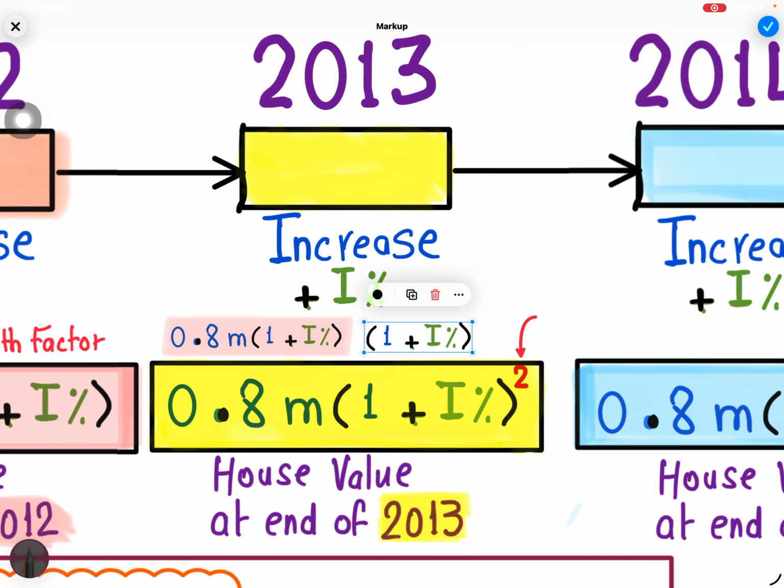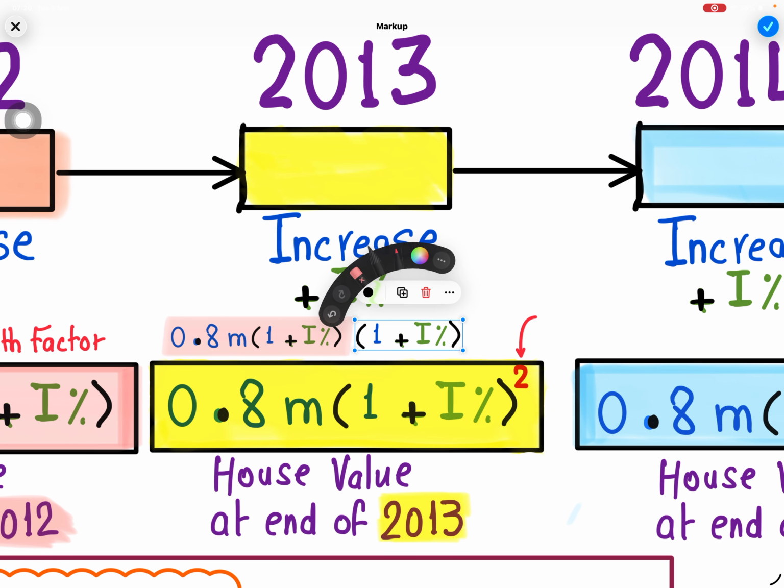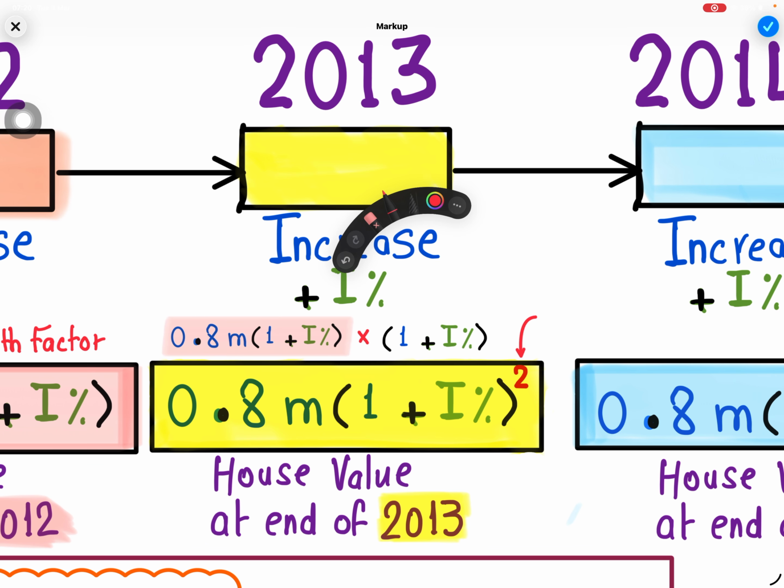So we will find two brackets the same. That's why we make it square.